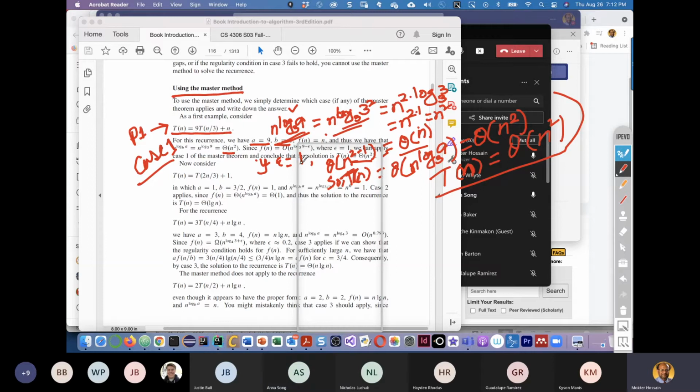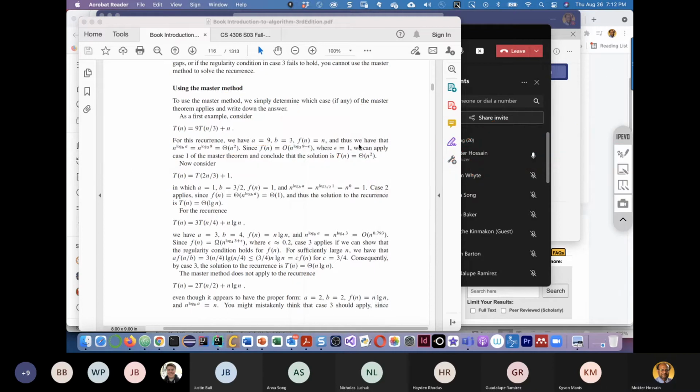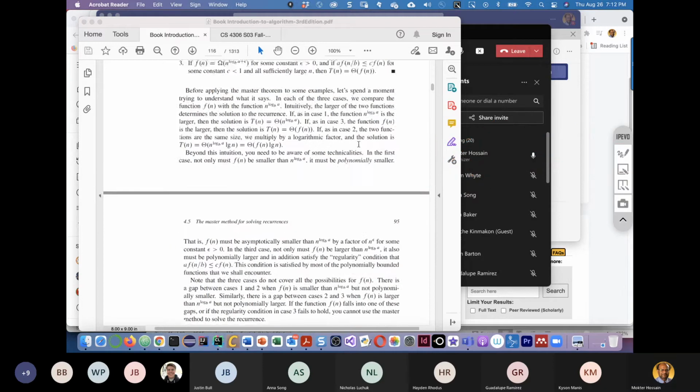So in this case, we see that if we let epsilon equal to 1, then we get this, right? So let us go back to the case.